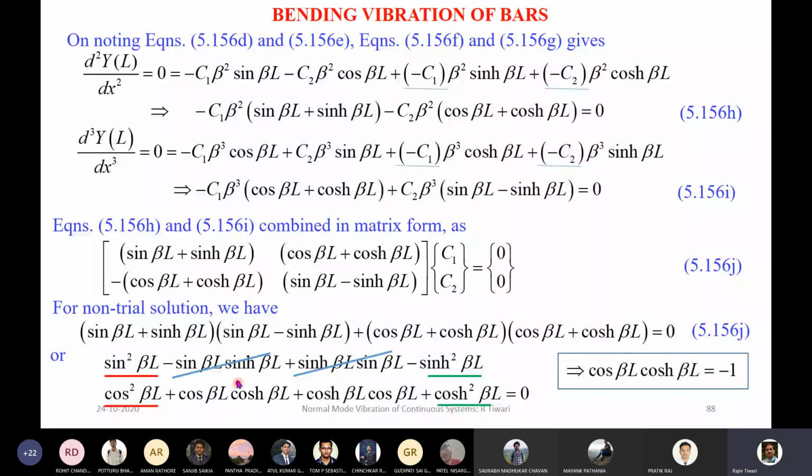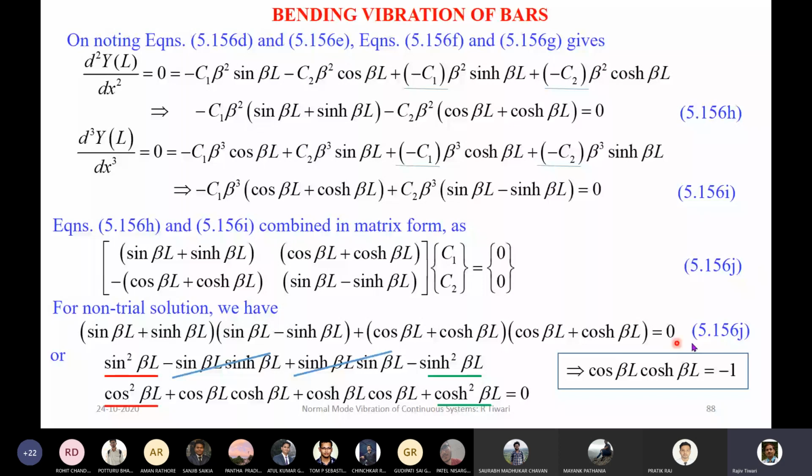Sine square beta L and cos square beta L will add up to give value 1. And similarly, cosh square beta L minus sinh square beta L will also give 1. And these two terms are similar, so they will add up and make it twice. So finally we'll get this equation from this.